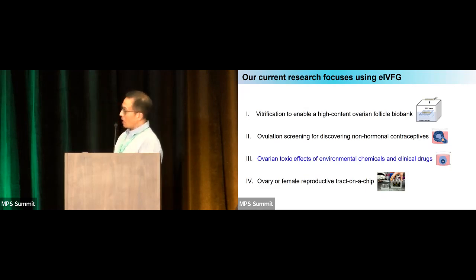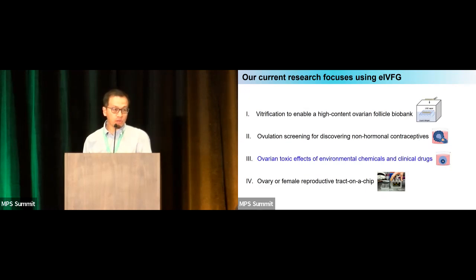So these are the current projects in our lab. For example, we use the vitrification method to cryopreserve individual follicles. This can be used as a fertility preservation method for young female cancer patients, and we can also use it to make a high-content follicle biobank, so we can do high-throughput toxicology studies.